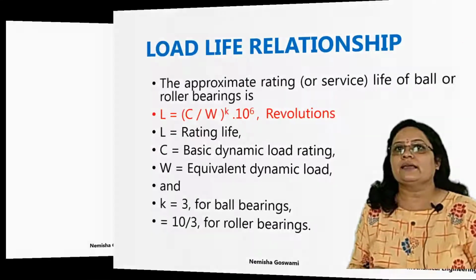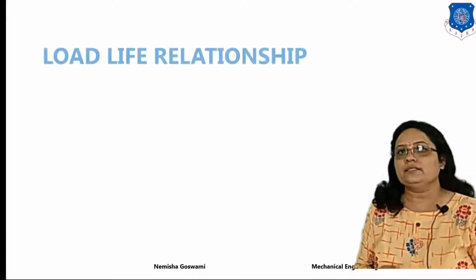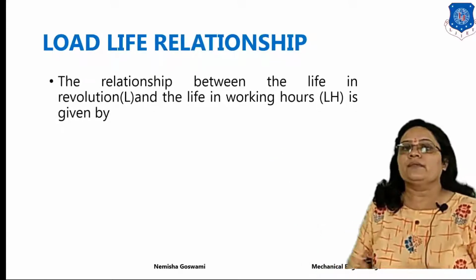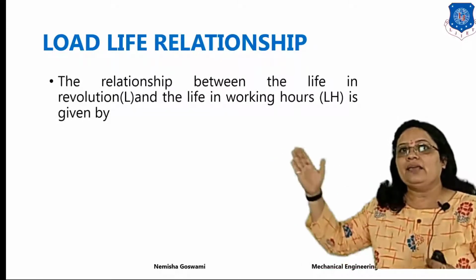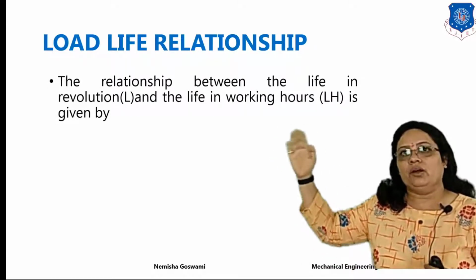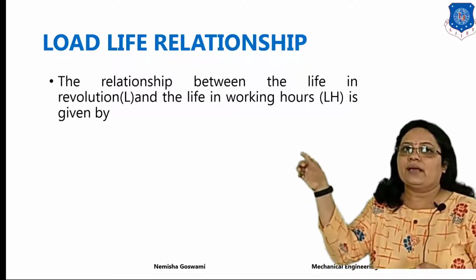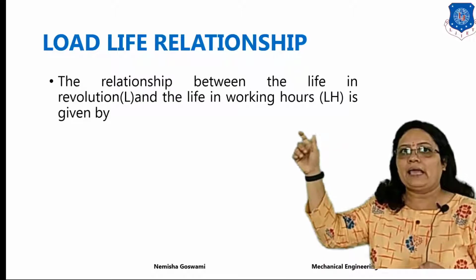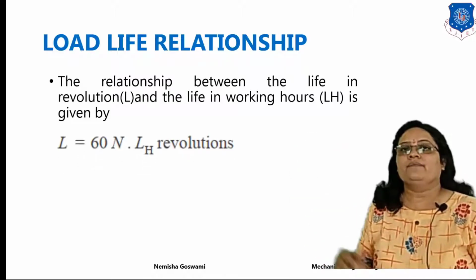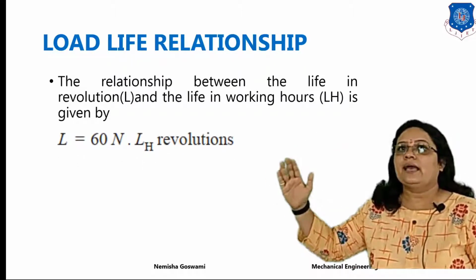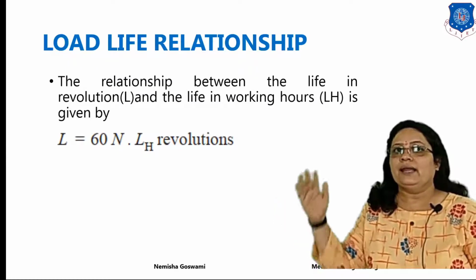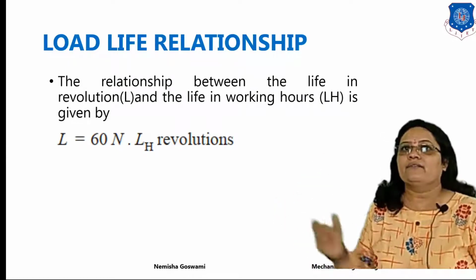There is again a standard formula for this. You can use the relation between life of bearing in revolutions and life of bearing in working hours. LH is denoted for life of bearing in hours. Okay. So L is the life in revolutions and LH is in working hours.